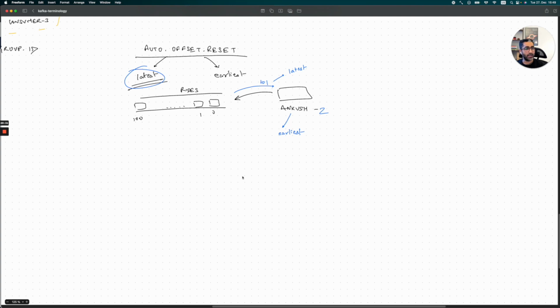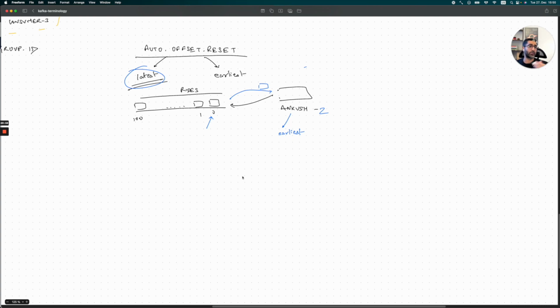And what it will tell Kafka is basically give me the earliest message available to you. So in this case, the earliest message available is 0. So basically, whenever we connect to Kafka, it will say, okay, you are saying your auto offset reset is earliest. So the earliest message available is 0. So please consume messages from offset 0 and so on.